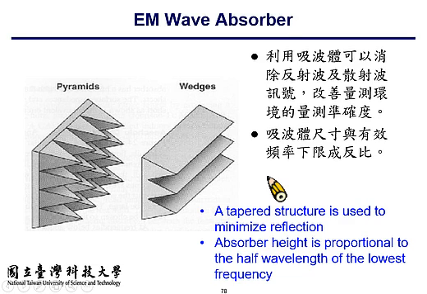In principle, if you have a pyramid absorber of 30 centimeters, then according to the half wavelength principle, the lowest effective frequency for this absorber is what?